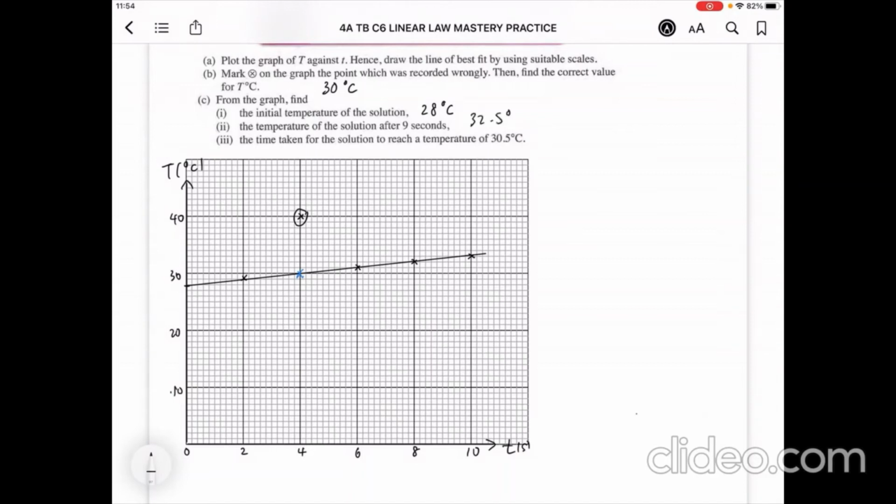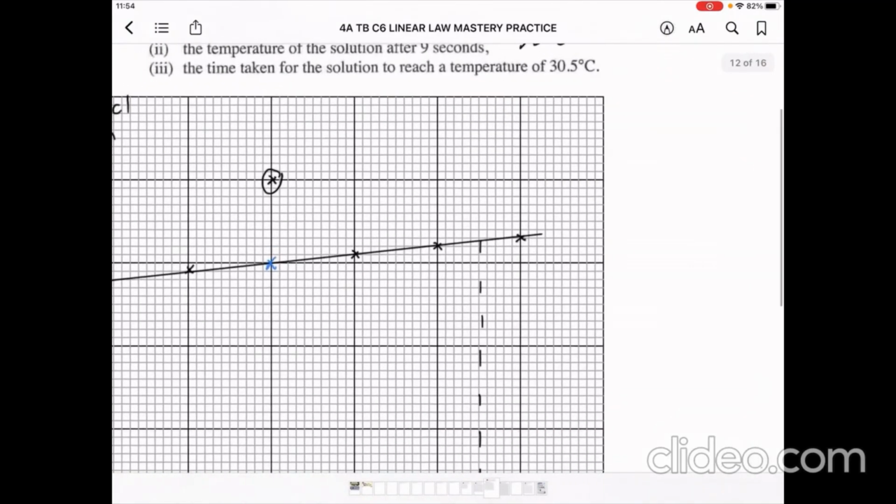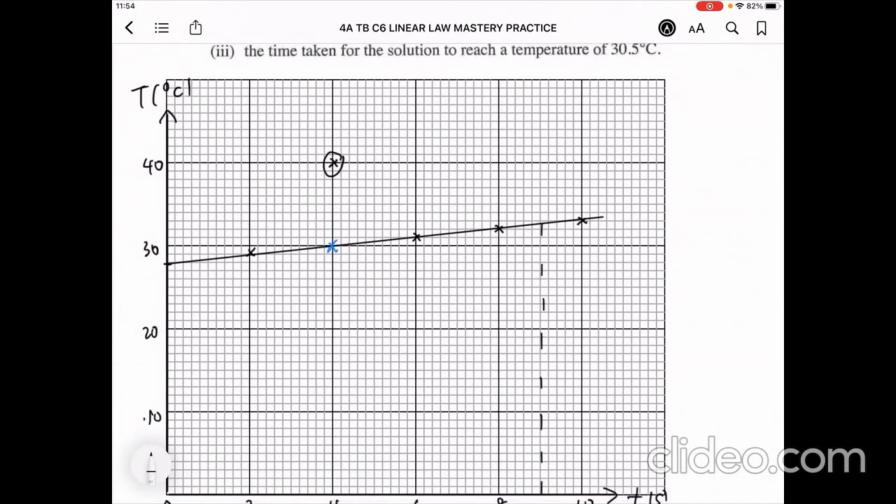If you can't see it, I'll show you here. It's just a bit hard to draw. I use a dotted line here. At 9, if you move across, it is around here, 32.5, between 32 and 33.